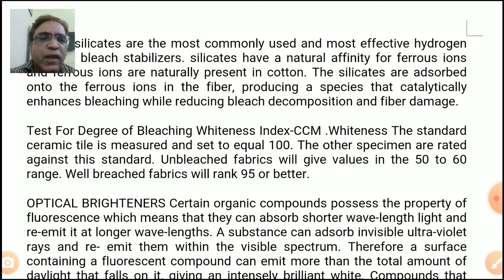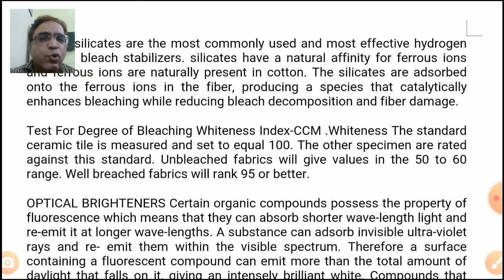Alongside that, to improve the luster property in the fabric, we can also use optical brightening agents, to improve the reflection of light from the fabric surface. As the smoothness of the fabric increases, the brightness property in the fabric increases.